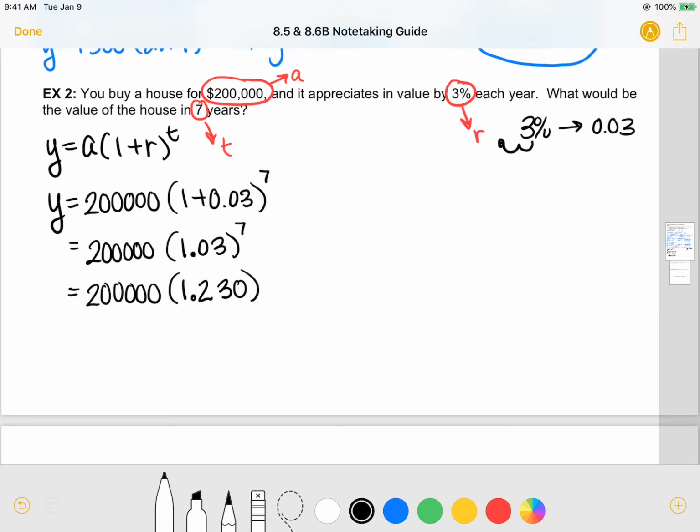All right, so now we're going to multiply those two numbers together, and what you should end up with is $245,974.77. Okay?